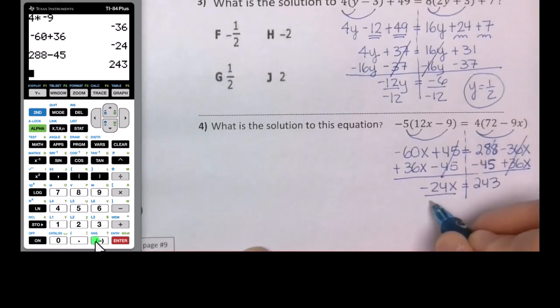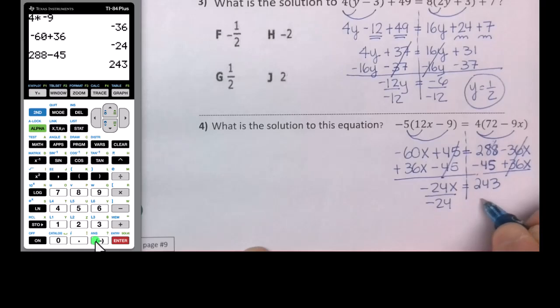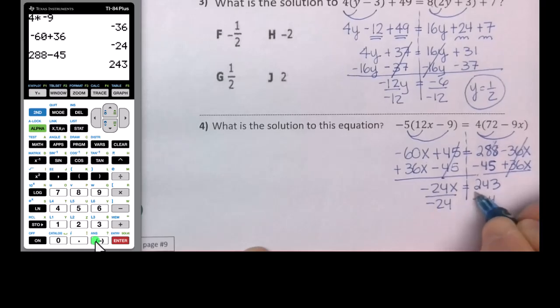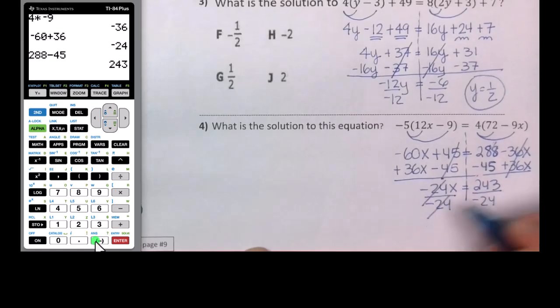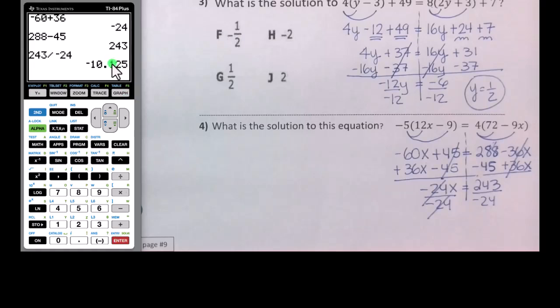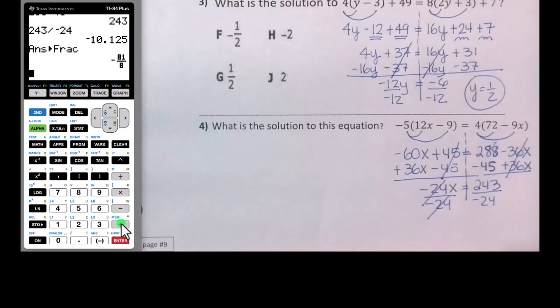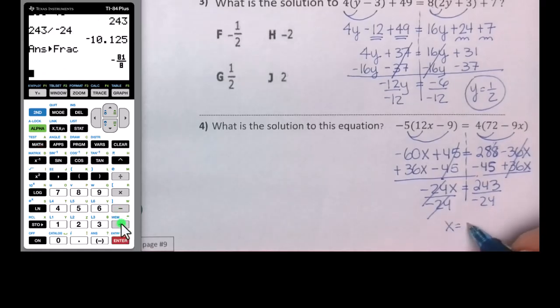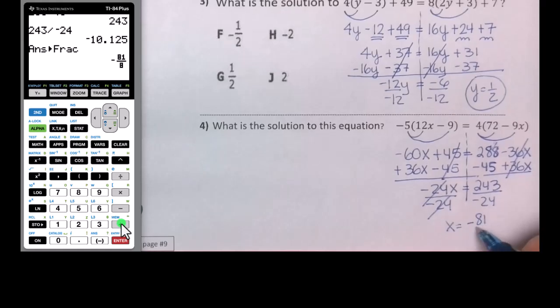We divide both sides by negative 24. This cancels, and let's see, 243 divided by negative 24. We get negative 10.125, and let's press math, enter, enter, and we get negative 81/8.